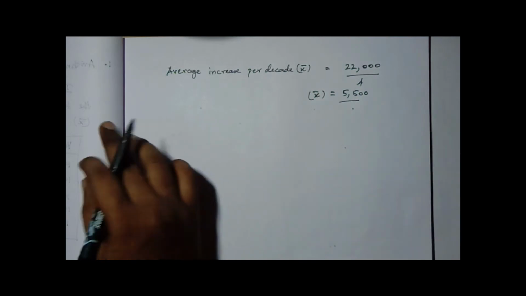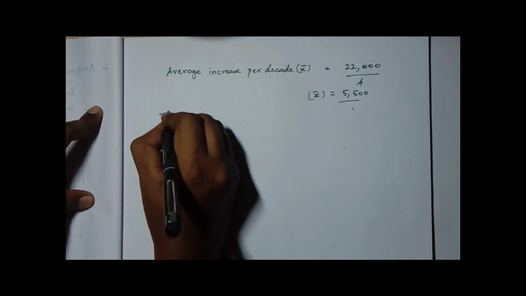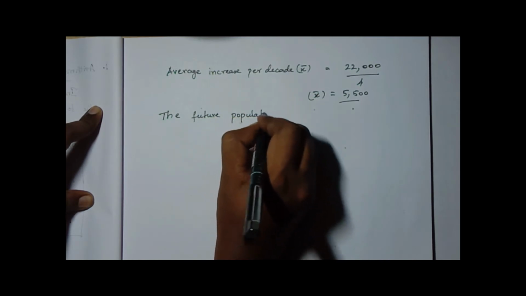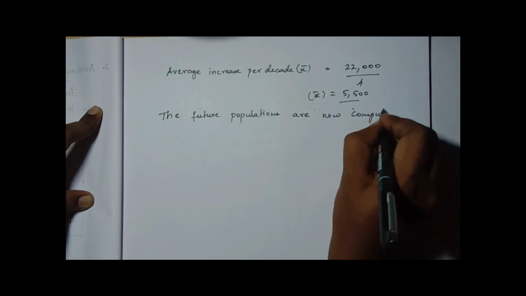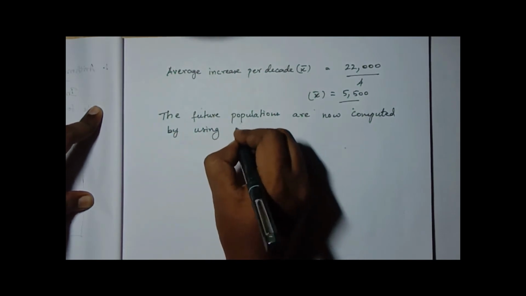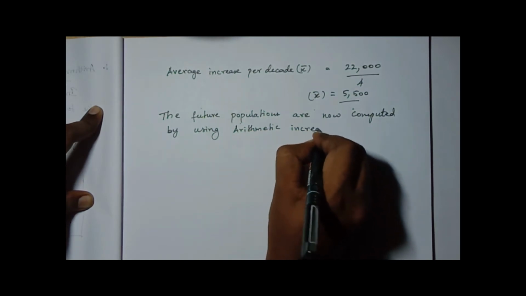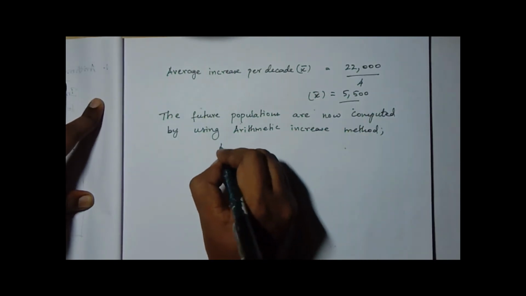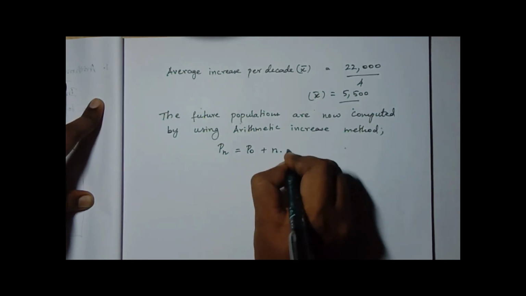So now for the arithmetic increase method, we had a formula. The future population computed by using the arithmetic increase method has the formula Pn is equal to P naught plus n into x bar.